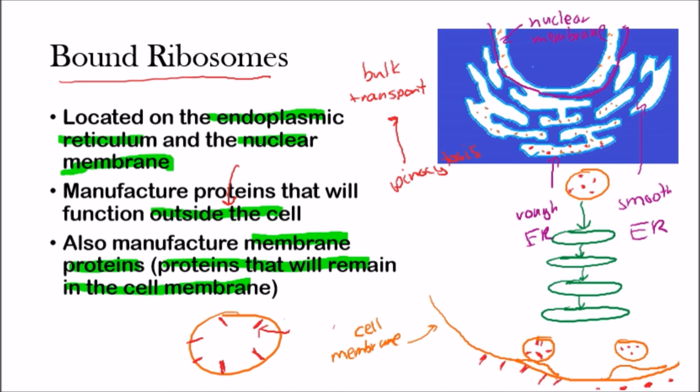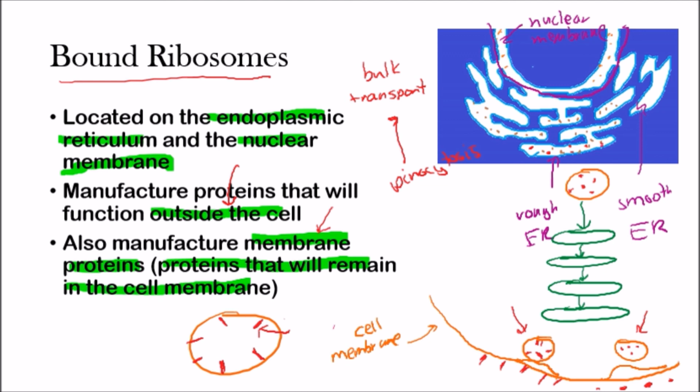So instead of these proteins just floating off into wherever they need to go, like in this first scenario over here, this scenario will lead to membrane proteins which are bonded to the cell membrane. Okay, and those proteins are called membrane proteins. Okay, I hope that process makes sense.